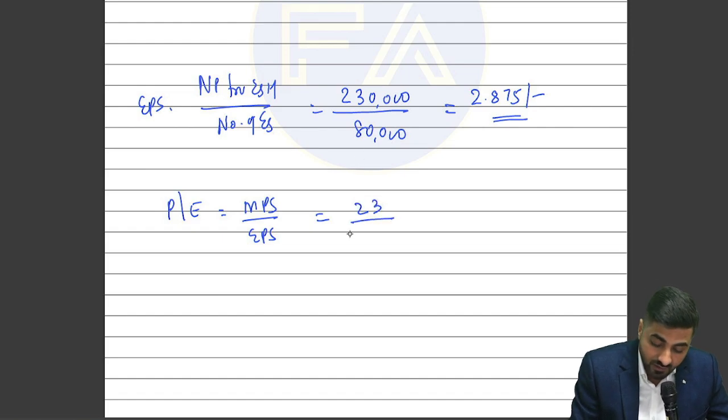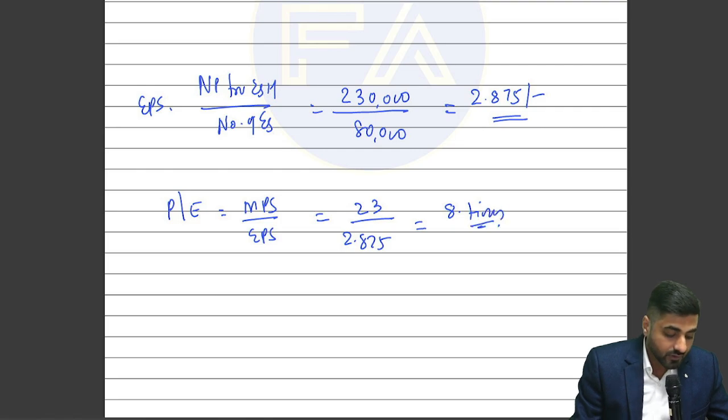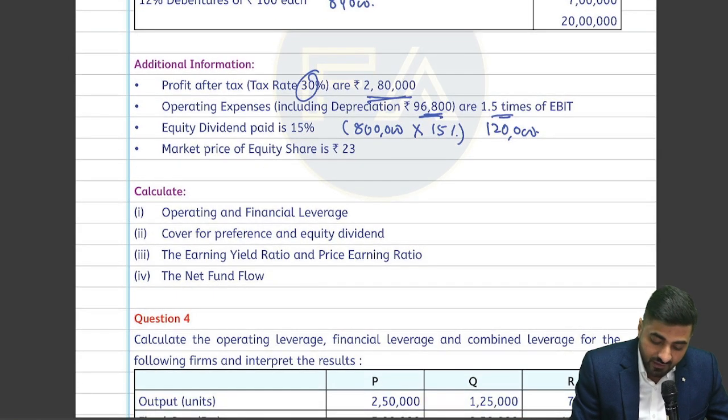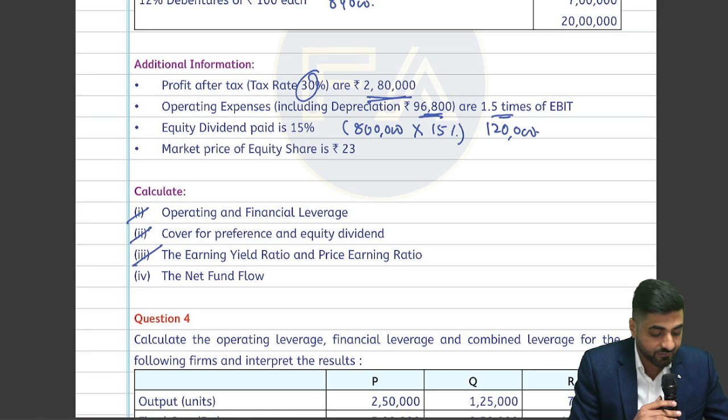How much is that? 8.8 times. Can I say with this we are done with your earning yield ratio, PE ratio, this coverage also, OL and FL.